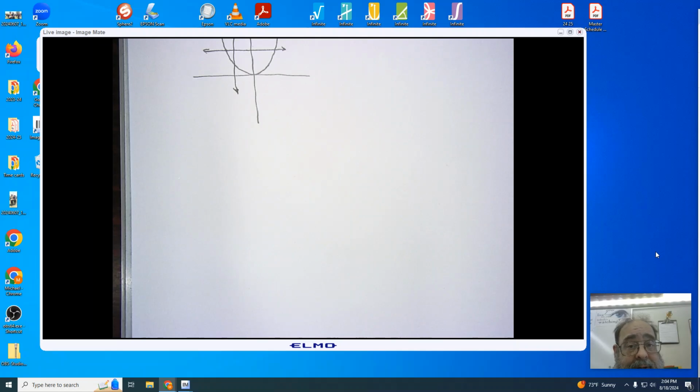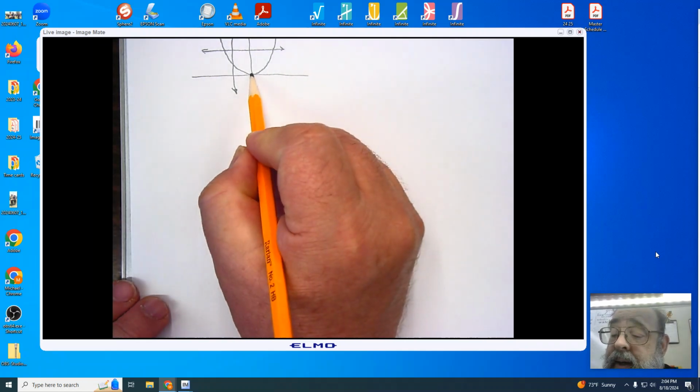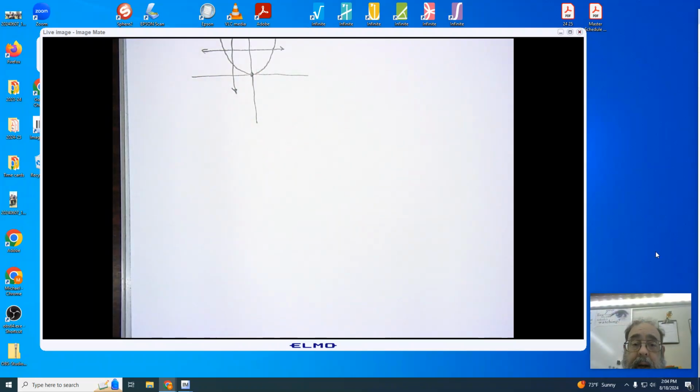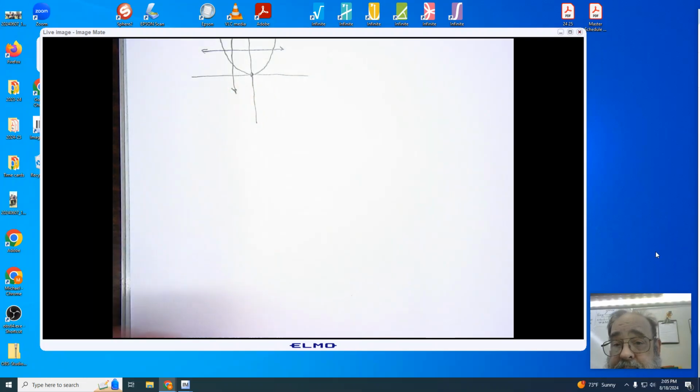Whenever you have a function that is not one-to-one, you're going to be forced to find some point, in this case a vertex point, where we will be able to divide it in half and look at one half or the other. This is restricting the domain of the original function to either work with the right portion or the left portion of the graph. All right.